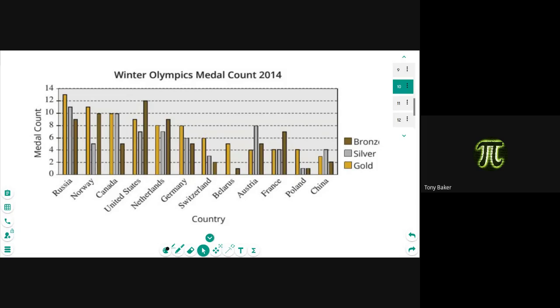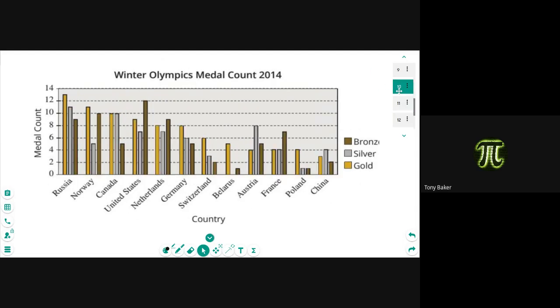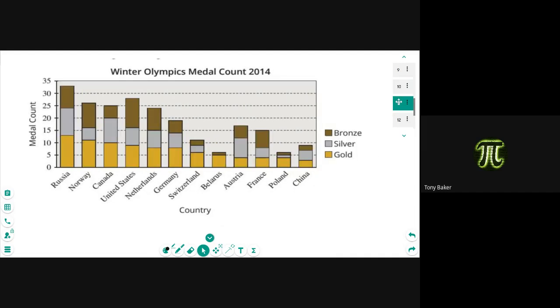All right. So is this graph or this graph easier to read? Do they show the same data? What's this called?